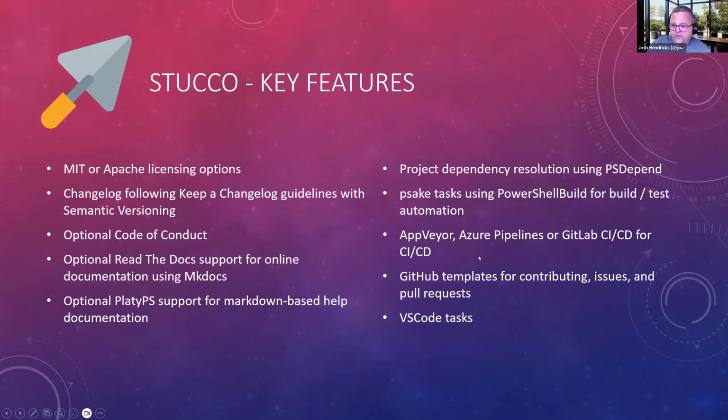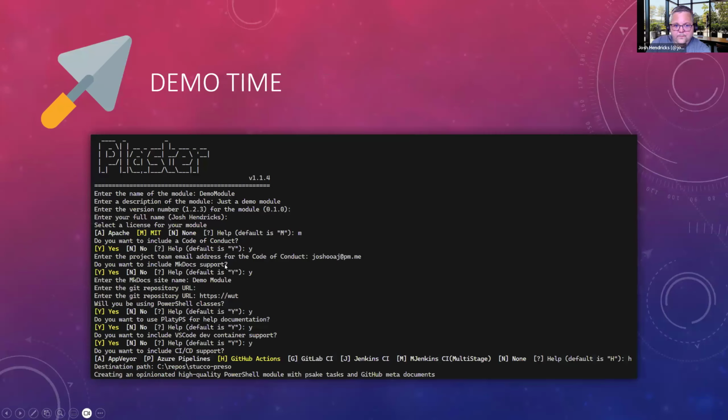I use GitHub Actions, but there's support for Azure Pipelines, and it basically just produces a YAML file specific to that platform with some default build steps. Yeah, so let's get into VS Code and actually see what this module is all about.